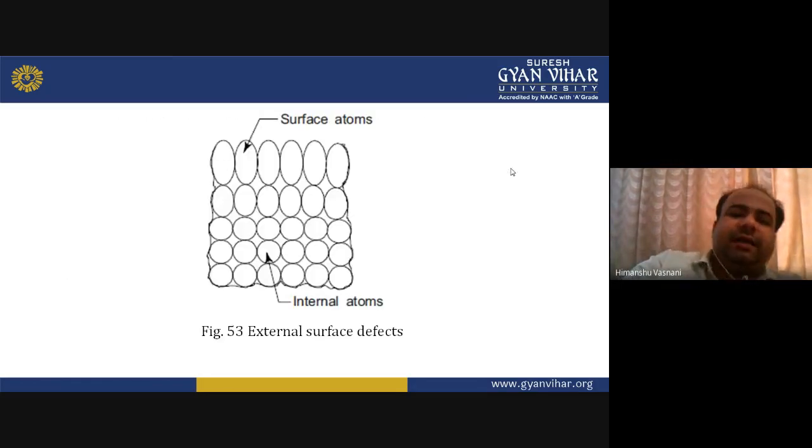You can see in the diagram how the external surface is elongated and the energy it has, while the internal atoms are all in the same sequence and not disturbed in shape.